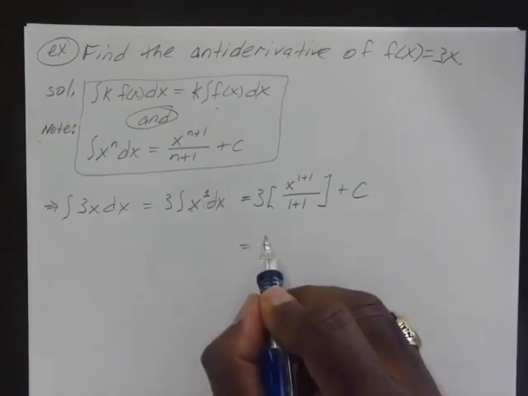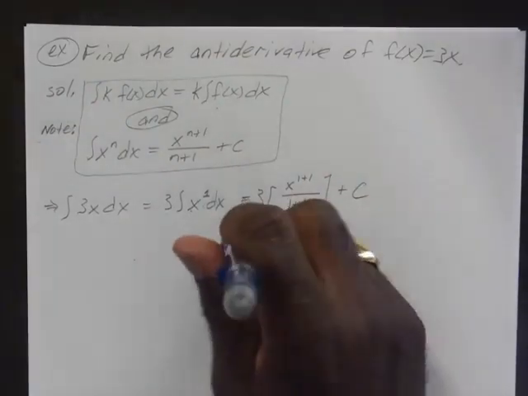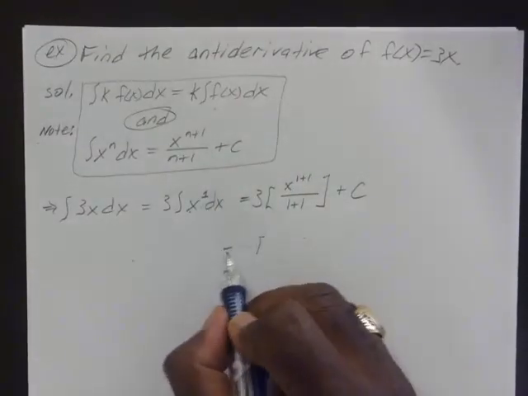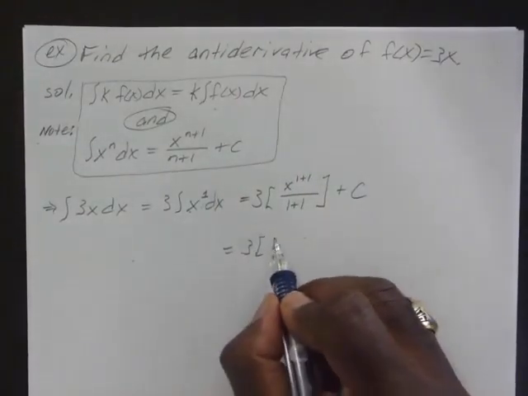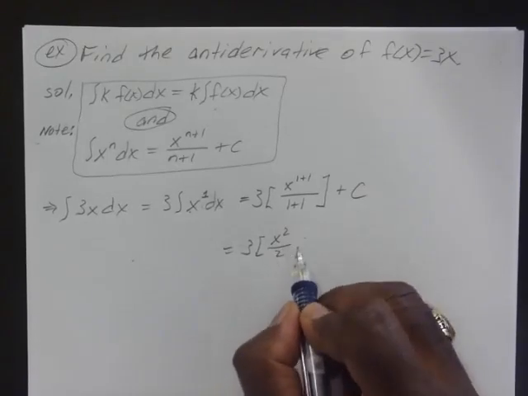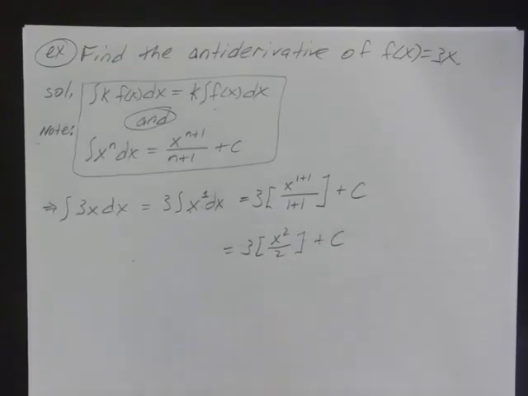Okay, so that just equals, oh, forgot my 3, 3 times x squared divided by 2 plus c.